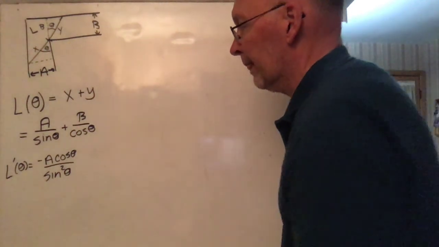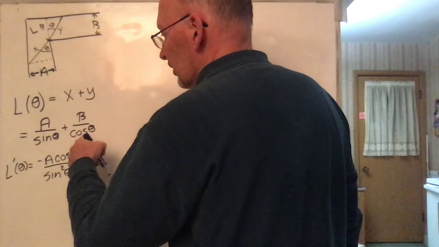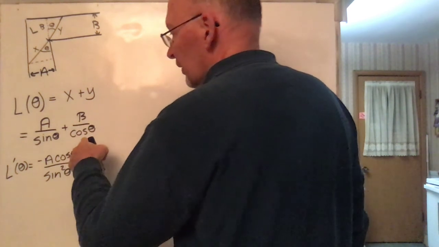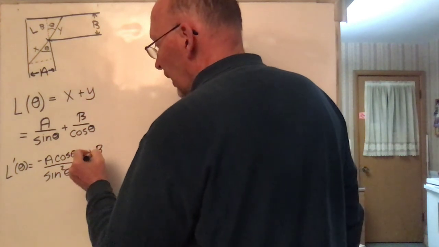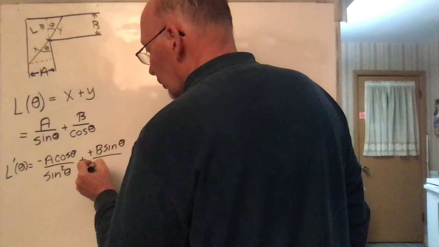Same thing here: derivative of the top, which is 0, times the bottom, minus the top, times the derivative of the bottom. Derivative of cosine is minus the sine, all over the bottom squared.